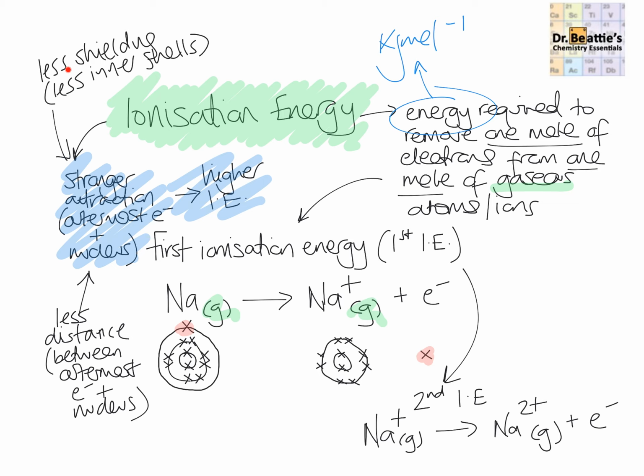So again, if we have less inner shells, less shielding, we get a stronger attraction of the outermost electron to the nucleus. In fact, if we have less inner shells, that also directly influences less distance, because the more inner shells you've got, the bigger the distance here.